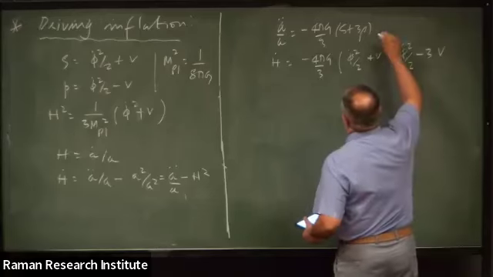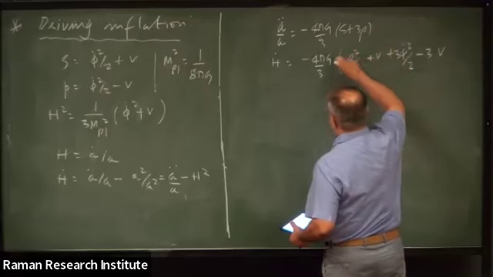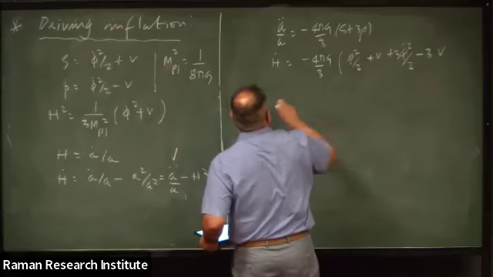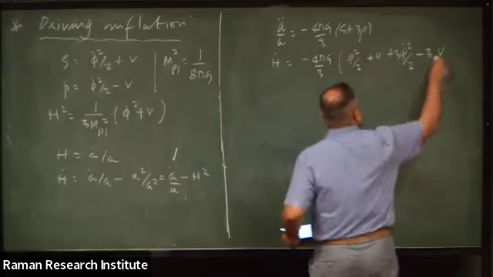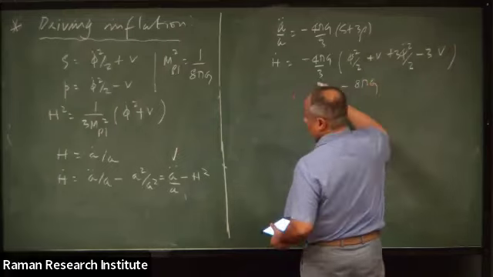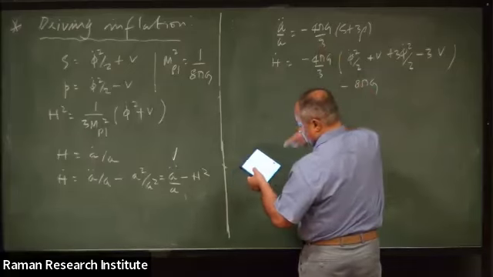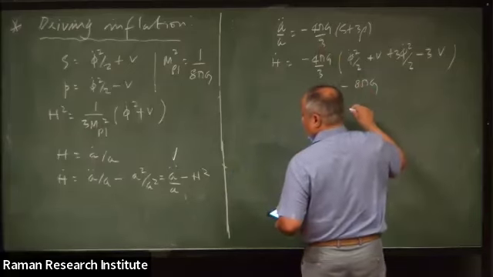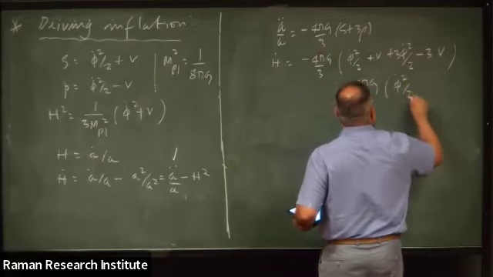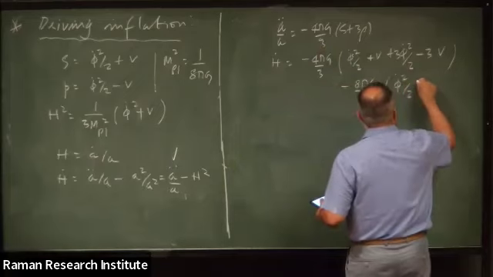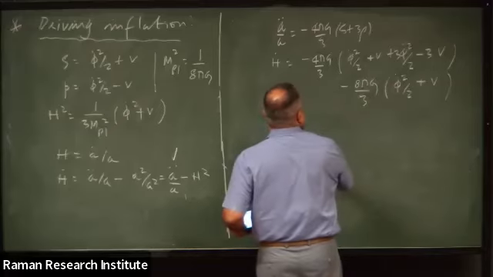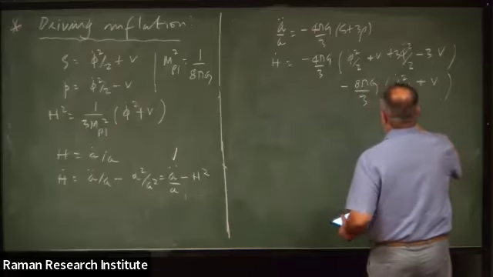So I have substituted this for A double dot by A. And then I have minus 8 pi G by 3 rho, where rho is phi dot squared by 2 plus V. So if I write this, what will happen?